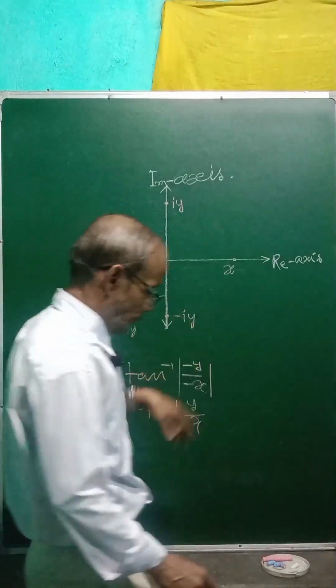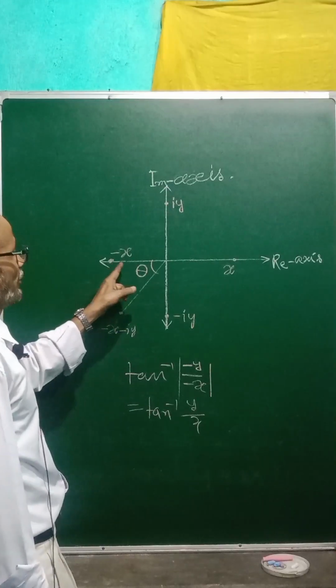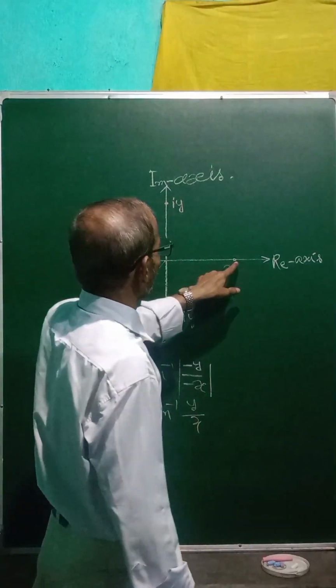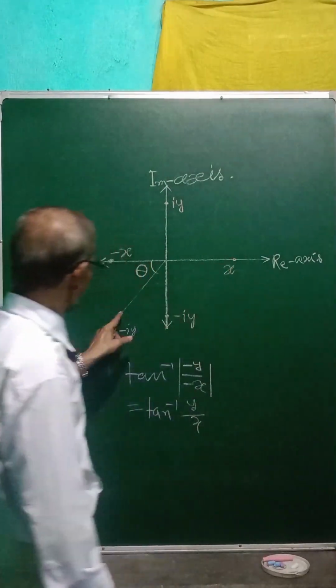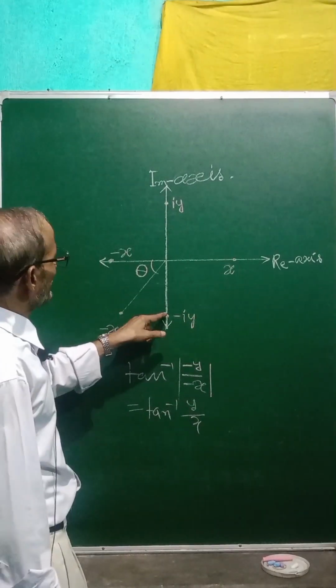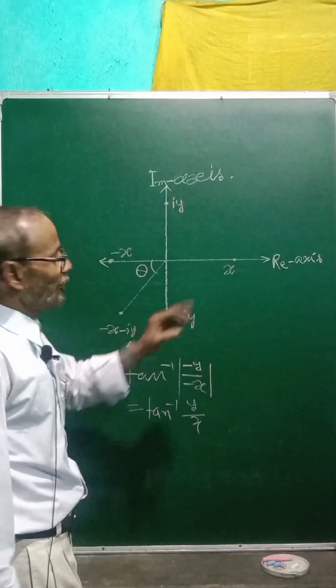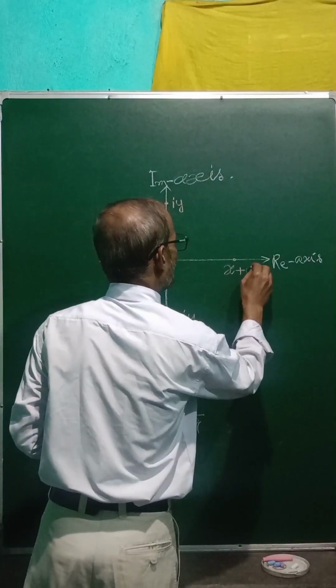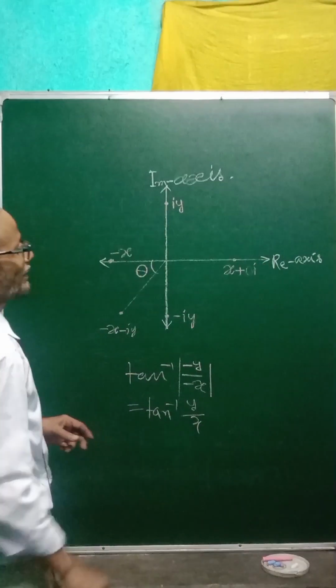Now we are coming to points when they lie on the axis. Consider this one first. If this line is rotating and going there, then the imaginary part is 0, so it can be written as x + 0i.